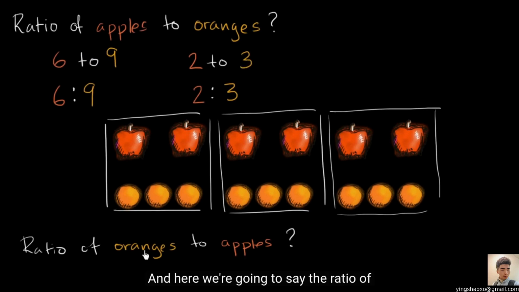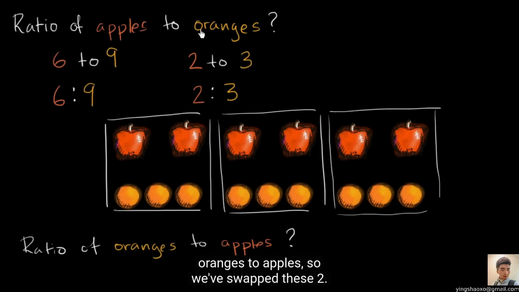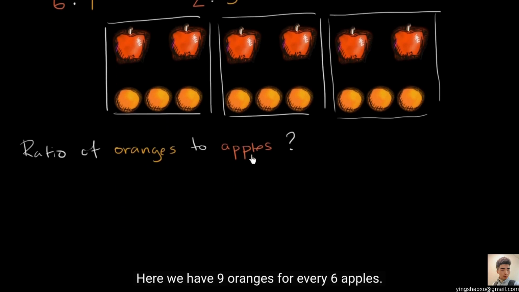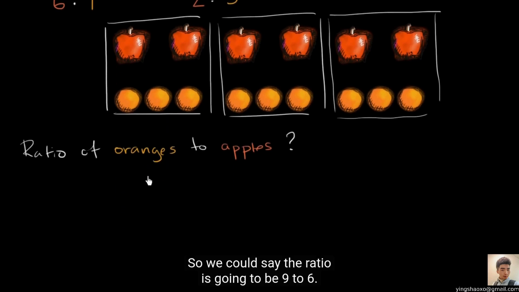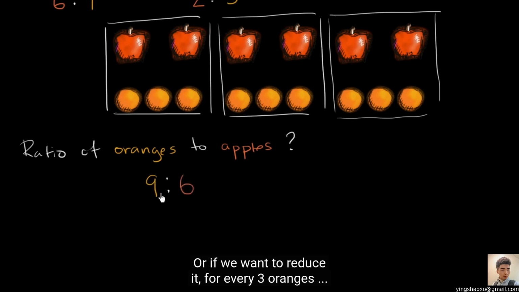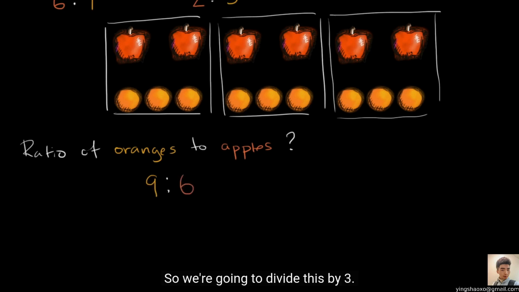And here we're going to say the ratio of oranges to apples. So we've swapped these two, and so we're going to swap the numbers. Here we have 9 oranges for every 6 apples. So the ratio is 9 to 6. Or if we want to reduce it, we're going to divide this by 3. So for every 3 oranges, we are going to have 2 apples.